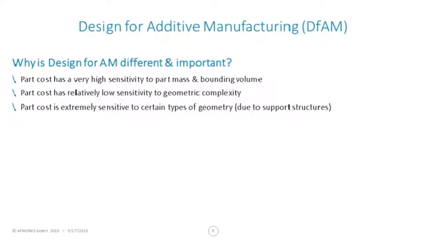So you can produce things that look very complex and almost impossible to produce by other means. But don't allow yourself to be fooled into thinking that just because you can do that crazy, complex design, that means you can do anything. This is the sort of misconception of additive manufacturing. You can do certain things that are really difficult to do in other ways, if not impossible. But there are some things that look very simple.